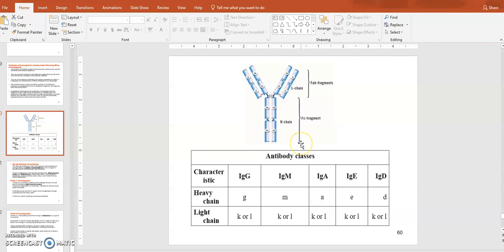Antibody molecules, or immunoglobulins, come in different families: G, M, A, E, D. And what's the difference? They have different amino acid sequences. Typically antibodies are made up of 4 polypeptide chains. 2 are heavy chains, long polypeptide chains, and 2 are light chains, short polypeptide chains.